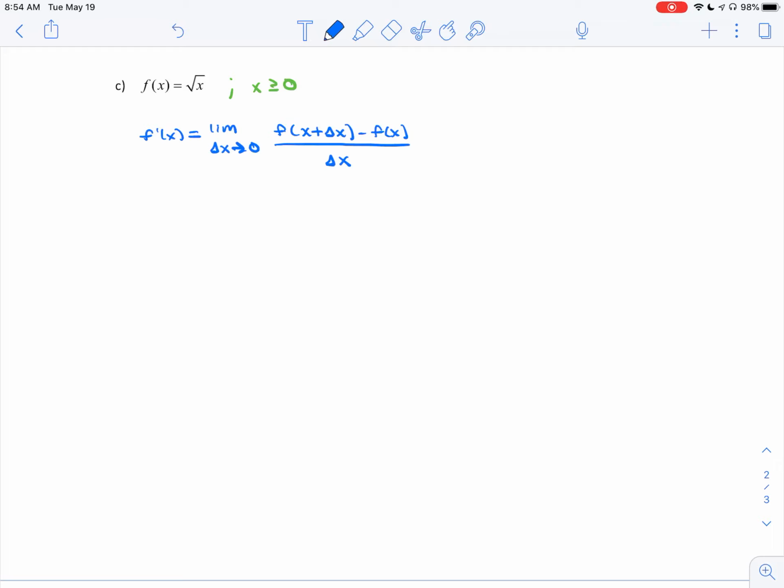All right, plug this into our function. So the limit as delta x approaches 0 of the square root of x plus delta x minus the square root of x all over delta x.